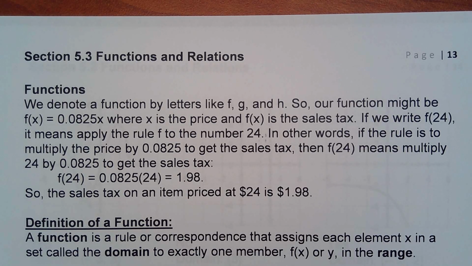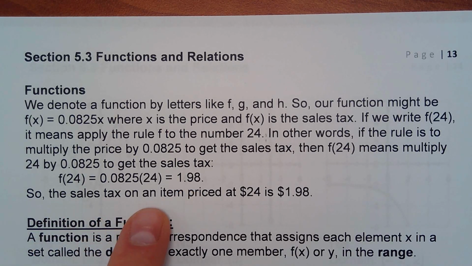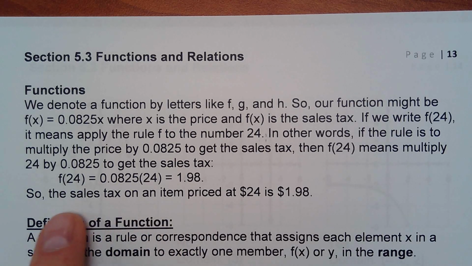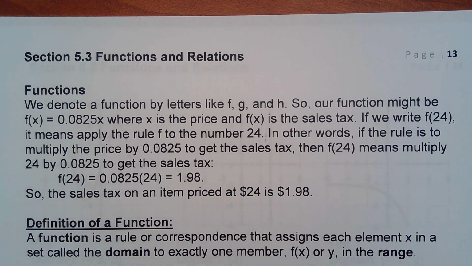In other words, if the rule is to multiply the price by 0.0825 to get the sales tax, then f of 24 means multiply 24 by 0.0825 to get the sales tax. If we actually do that calculation, that gives us $1.98. So we can say the sales tax on an item priced at $24 is $1.98.